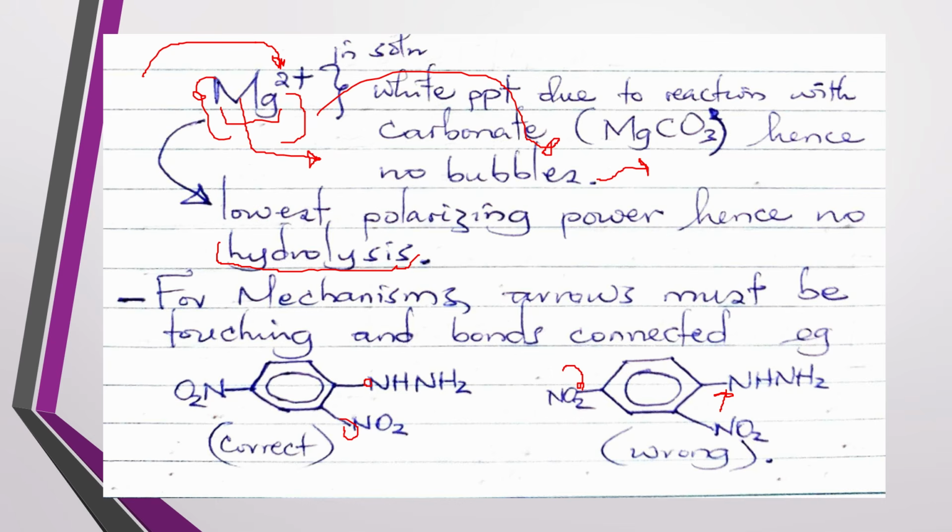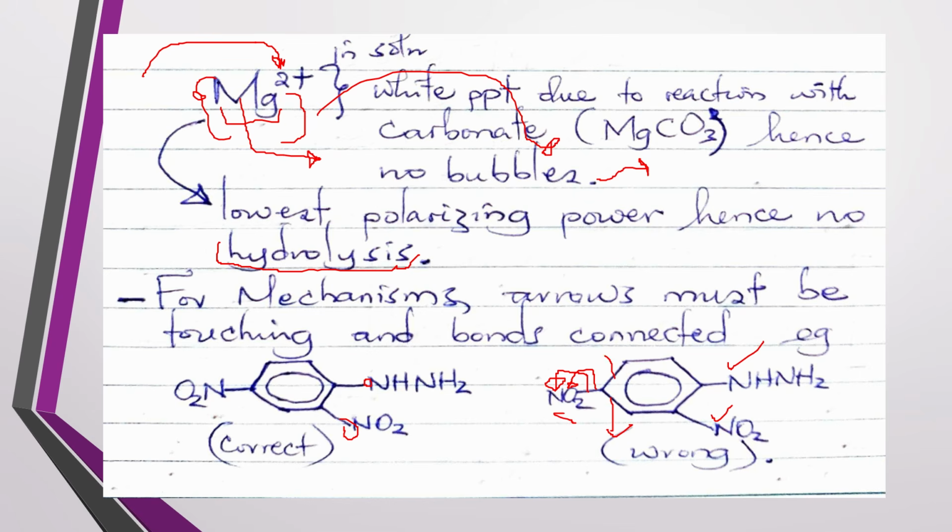So we say that this one is wrong. The reason why this formula is wrong is because this bond here has to attach to the nitrogen. It's nitrogen that bonds with the phenyl ring, but it's not oxygen. So this was right, but what made this formula wrong is oxygen. It shows that this bond is attached to the oxygen, which is not right.